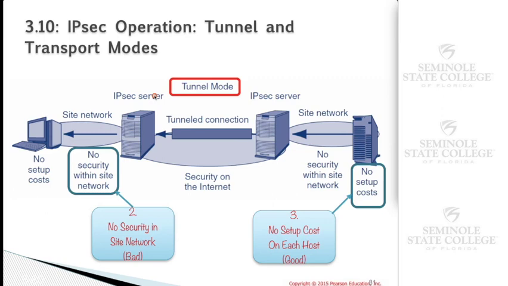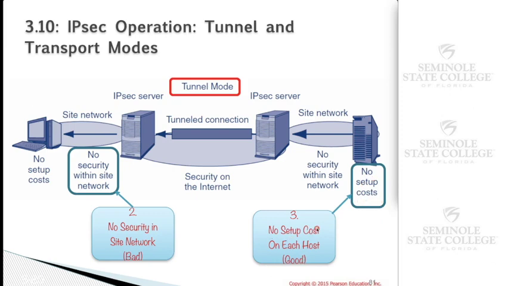Compared to this, the tunnel mode, as you can see, terminates the connection, the security, or the tunnel, I should say, at the IPsec server. The IPsec server sends it to the site network. Now it is inside the network, it's not on the internet, but it's no longer secured, right? So there is no security in the site network, and the setup cost is so much easier.